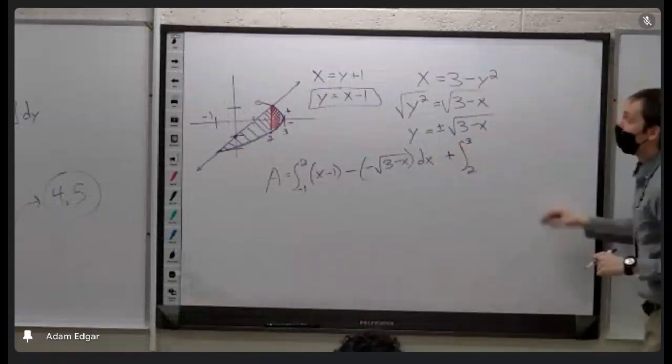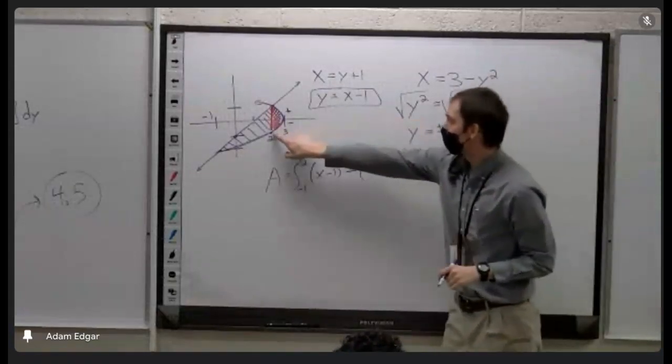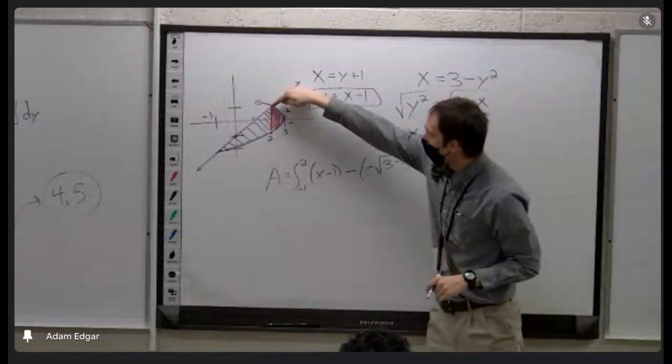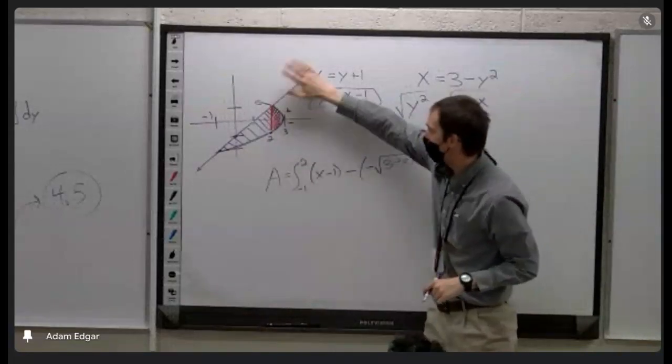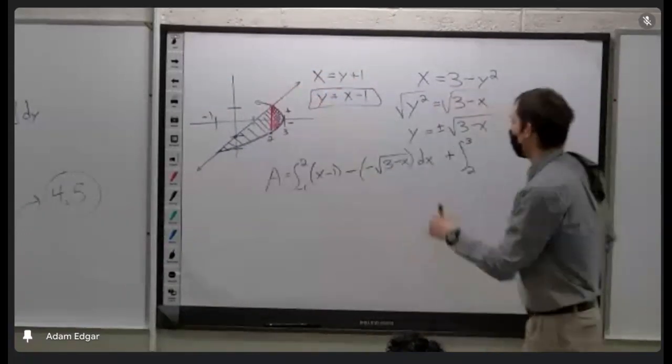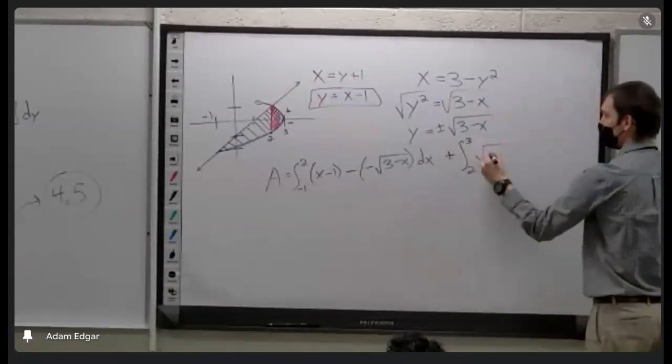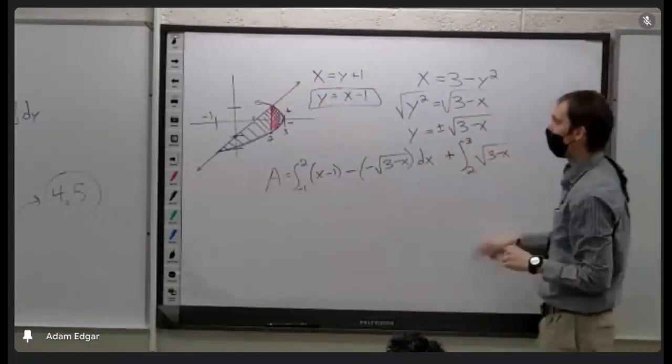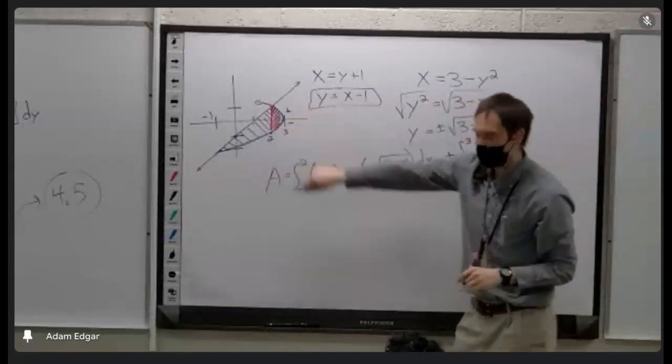So once you get to x equals 2, the line is kind of out of the picture, and now the top half is the top half of the parabola. That's your positive part. And the bottom half is the lower half of the parabola. That's your negative part.